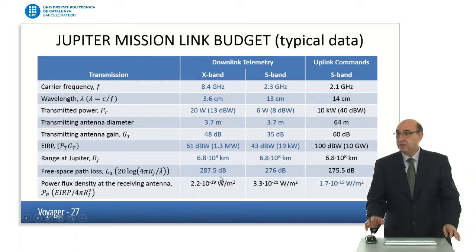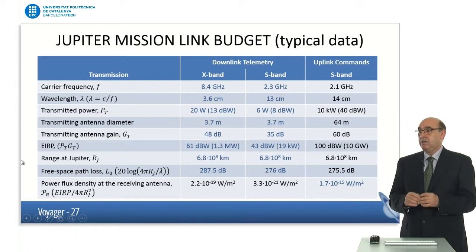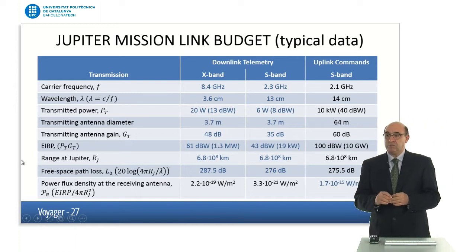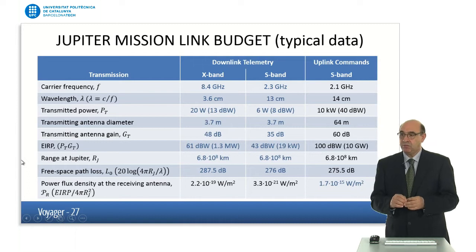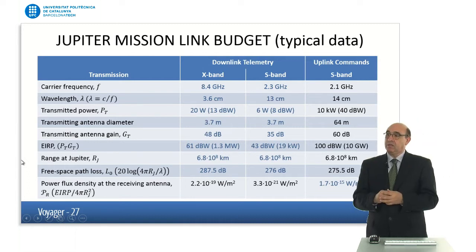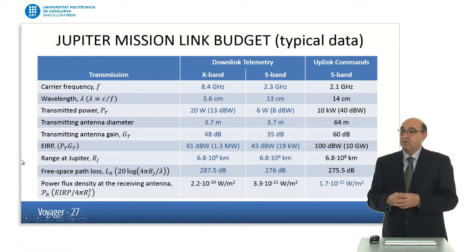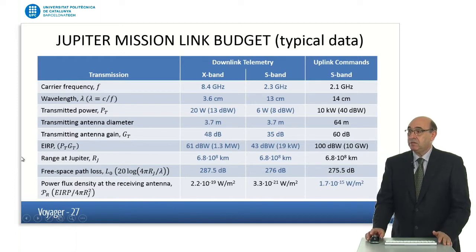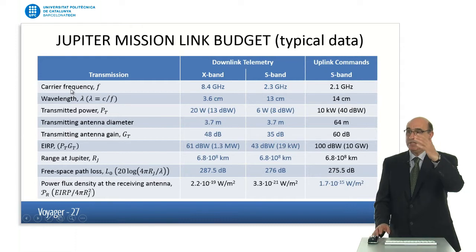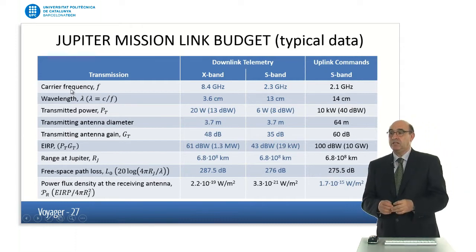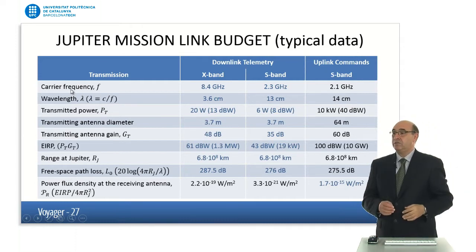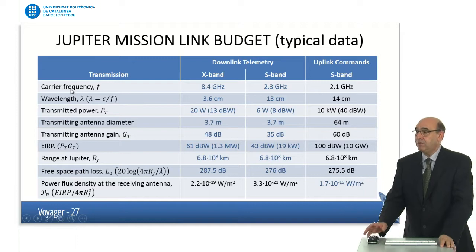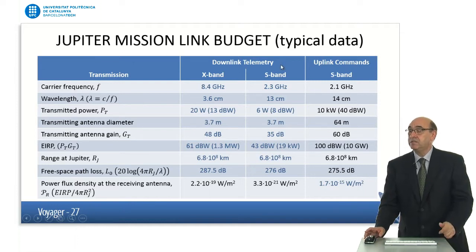We have here a typical link budget in a compact way. You will find it in a spreadsheet format in general. And here we have the parameters, and we'll start with basic parameters from the transmitting antenna and then to the receiving antenna. And we have 3 different columns in this case.